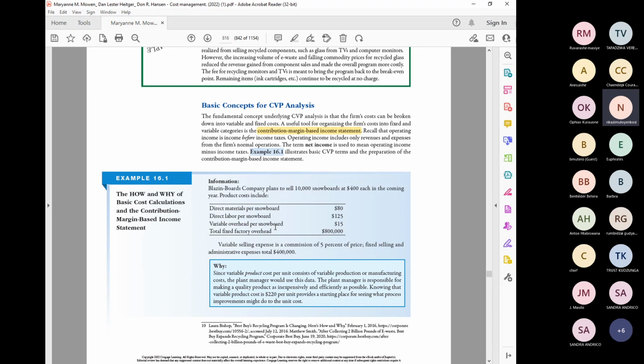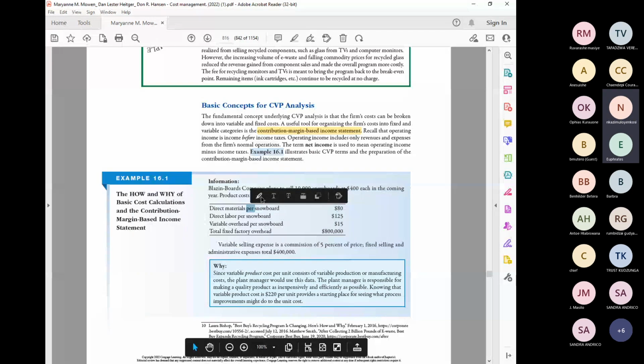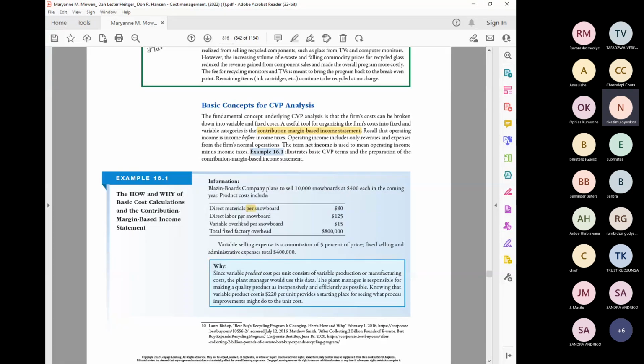Blazin Boards Company plans to sell 10,000 snowboards at $400 each in the coming year. Product costs include direct materials per snowboard, $80. Direct labor per snowboard, $125. Variable overhead per snowboard, $15.